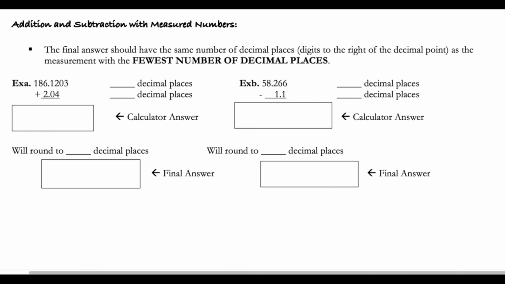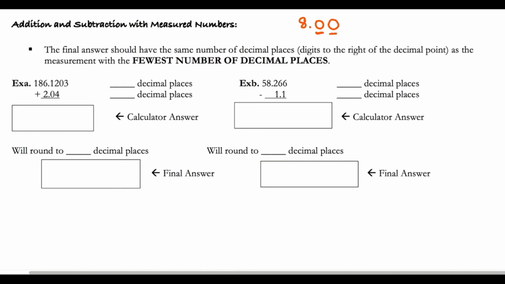Now, keep in mind, if you don't have a decimal or any numbers after a decimal, you have 0 decimal places. So for example, if I gave you 8, that has 0 decimal places. As soon as I make that 8.0, that'll have 1 decimal place. If I made it 8.00, that'll have 2 decimal places, etc.